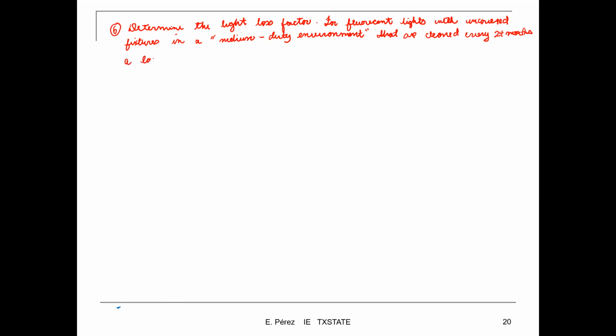A lamp luminary dirt depreciation factor of 0.85 may be obtained from table 7.